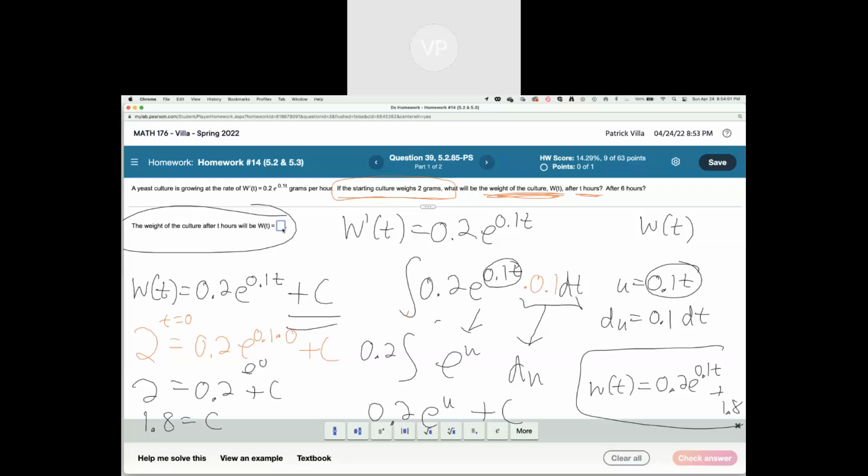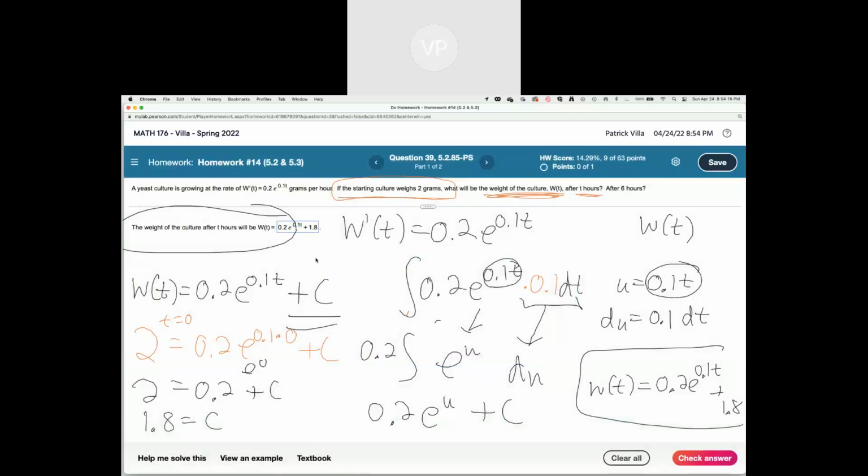So now, of course, the hard part, if we got it right, and we need to type this in correctly: e to the power of 0.1 t plus 1.8. Okay, what did I do wrong here? I started doing it, but I got caught up because I rewrote the problem.